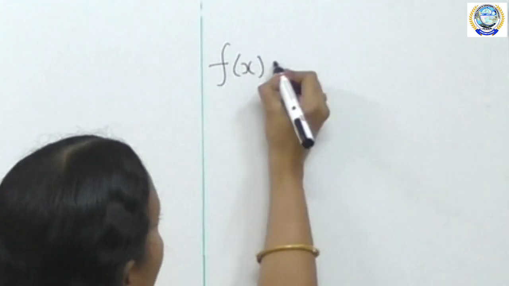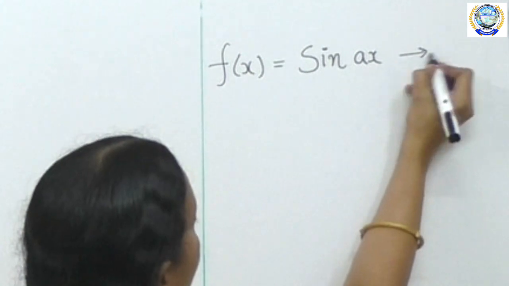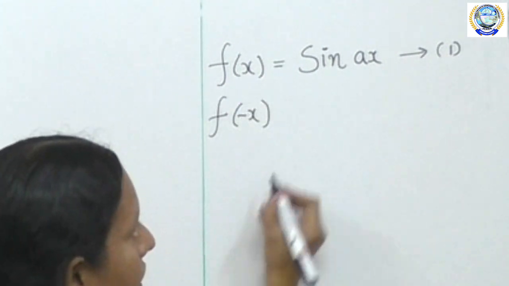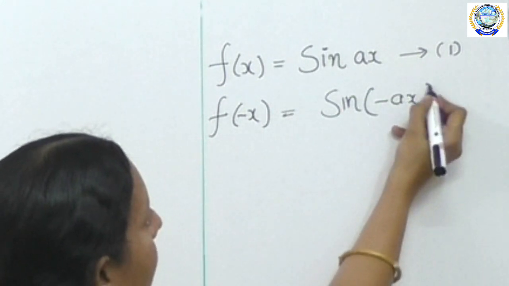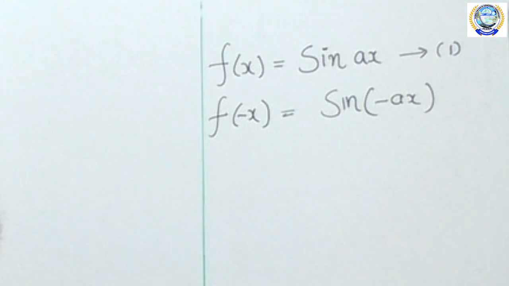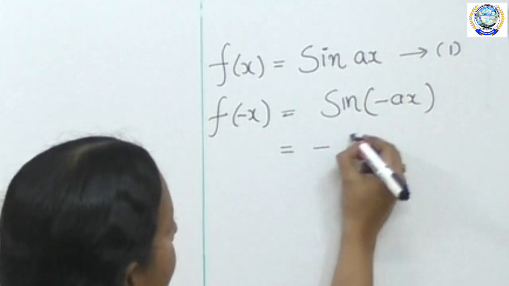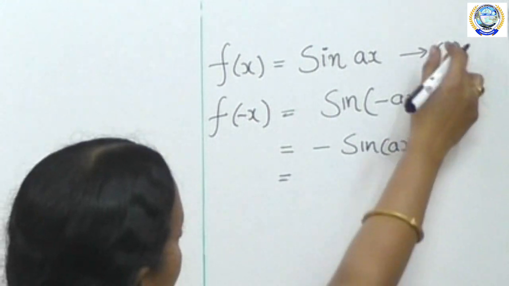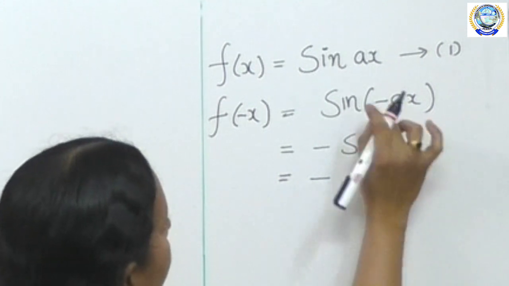Given f of x equals sin ax. Replace x with minus x. What did you get? Sin minus ax. We know that sin minus theta equals minus sin theta. So, this can be written as minus sin ax. This equals, using 1, minus f of x.